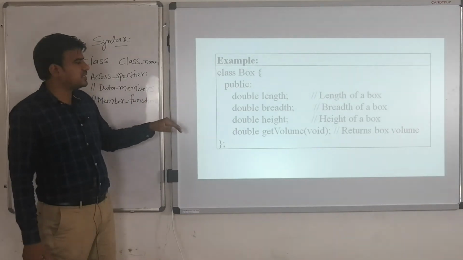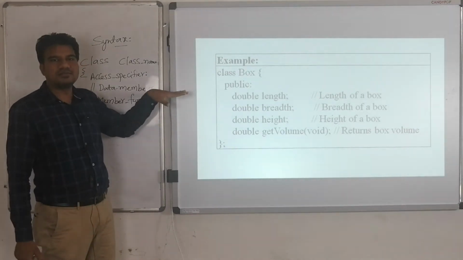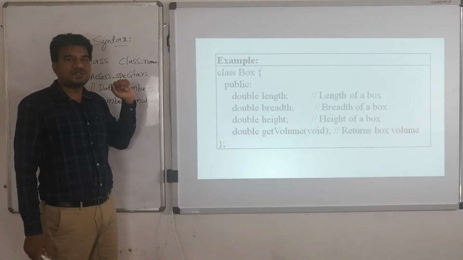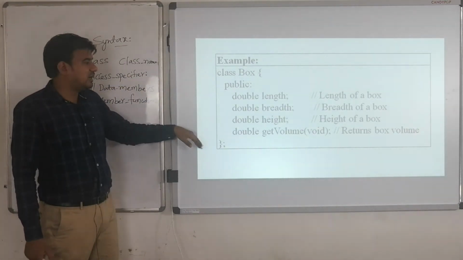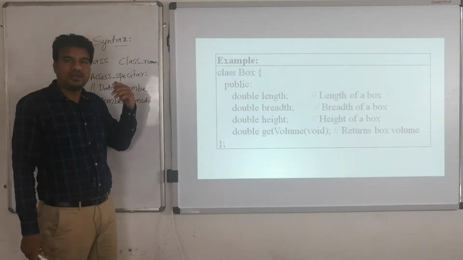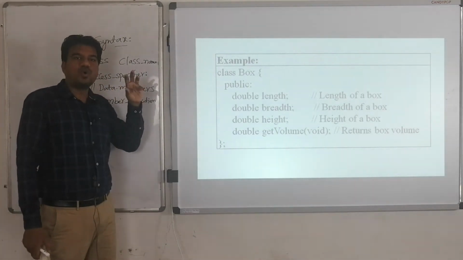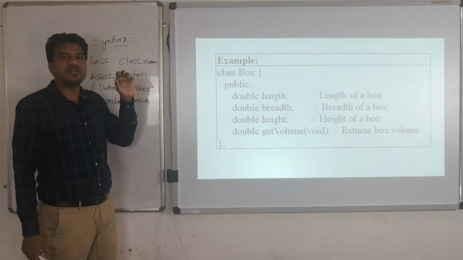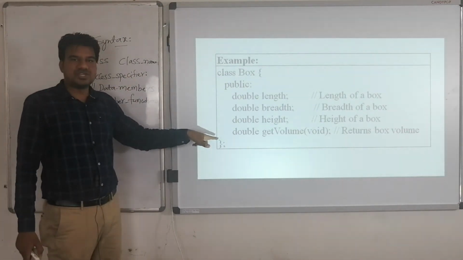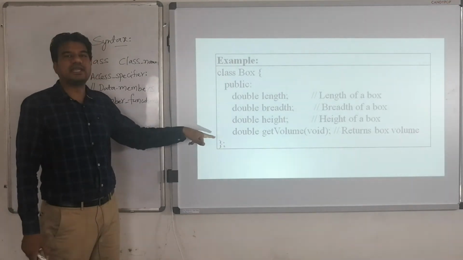I am keeping length, breadth and height as the properties of my box. Then we can calculate the volume of that box, so to calculate the volume I am using a member function known as getVolume.